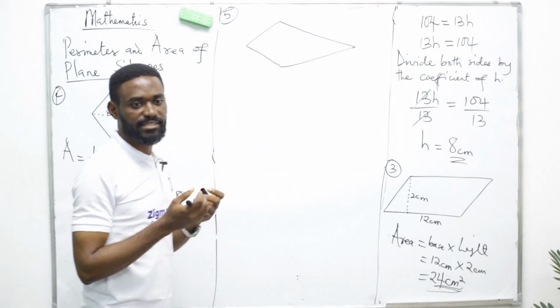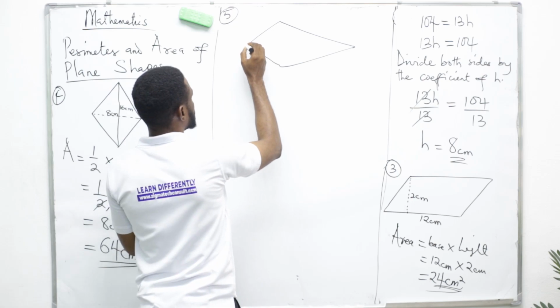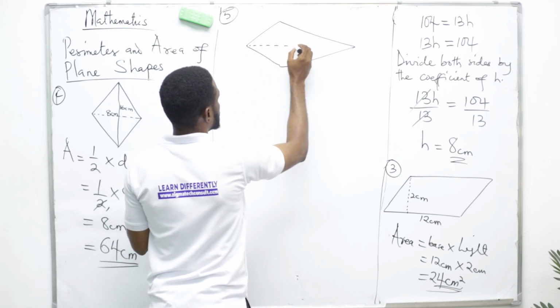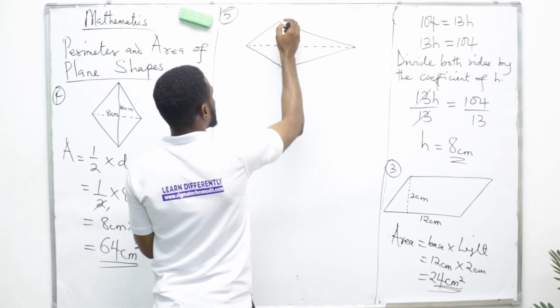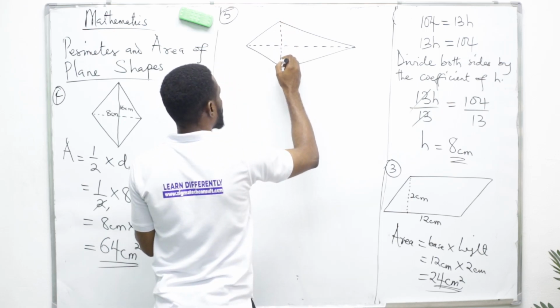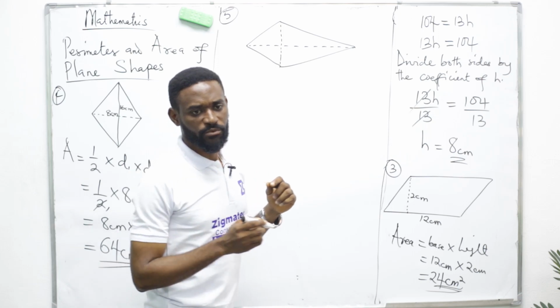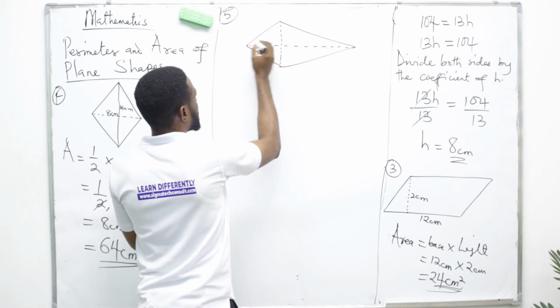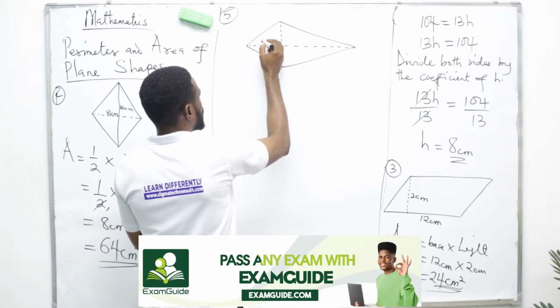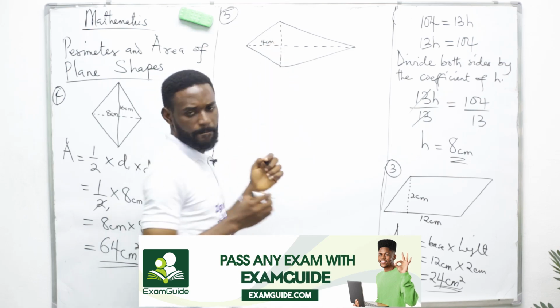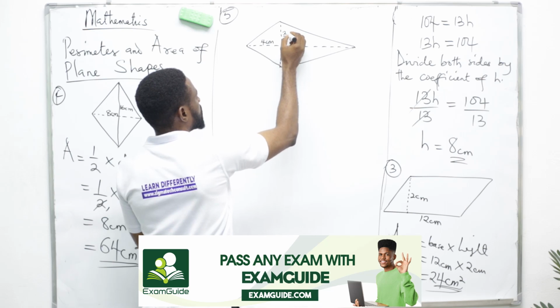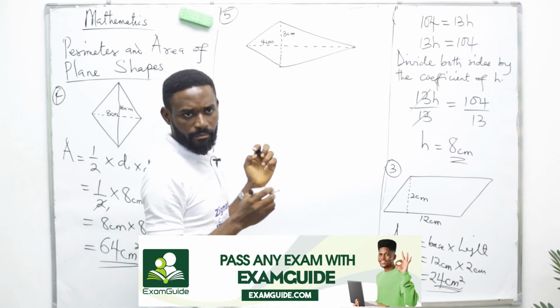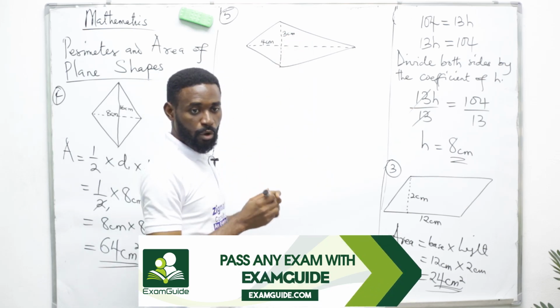So for this kite, from here to here is 4 cm. Then from here to here is 3 cm. Oh, meter.